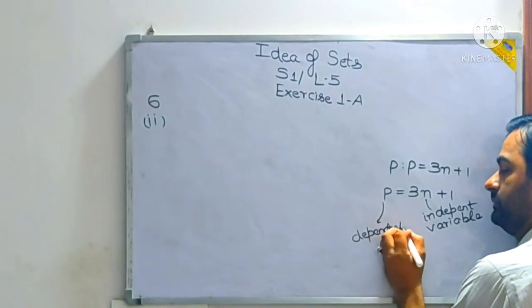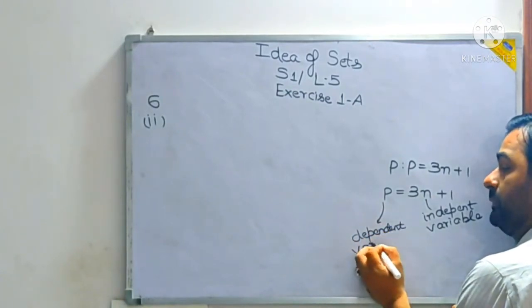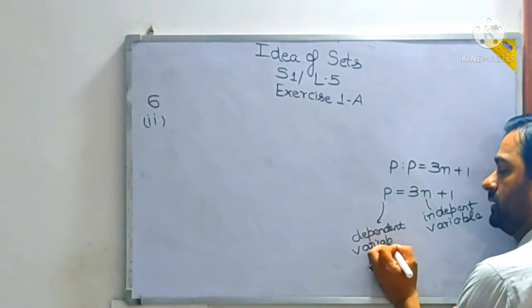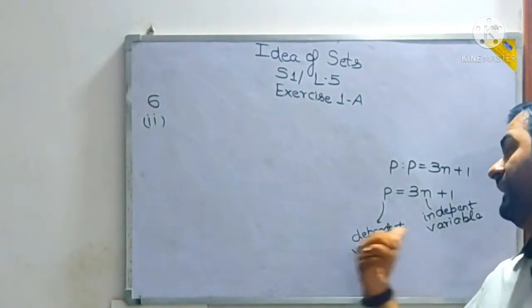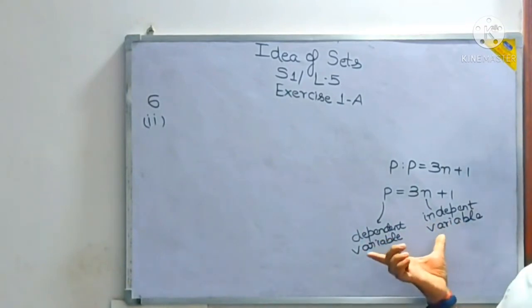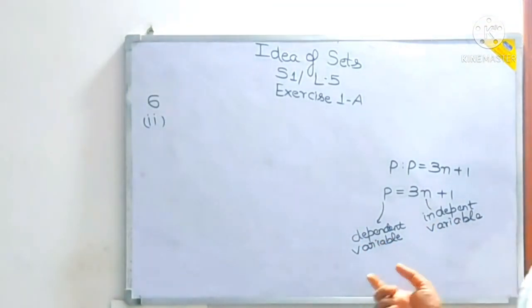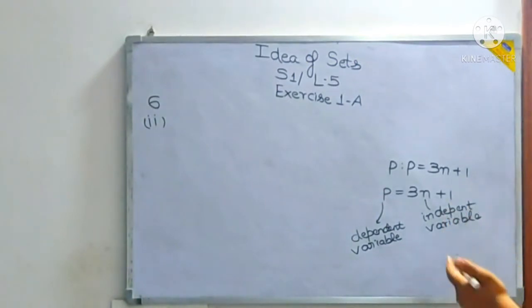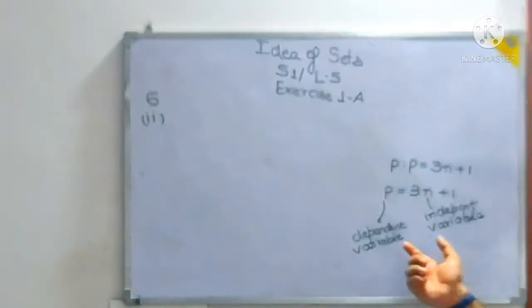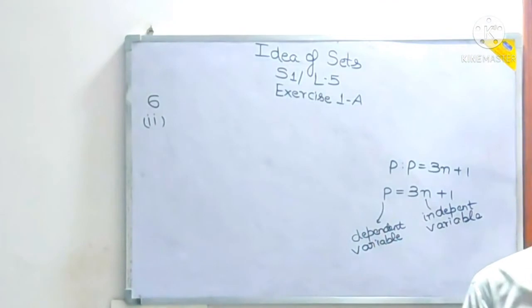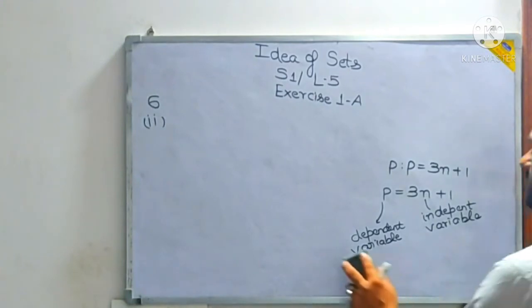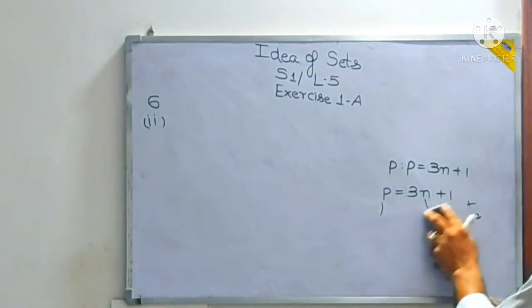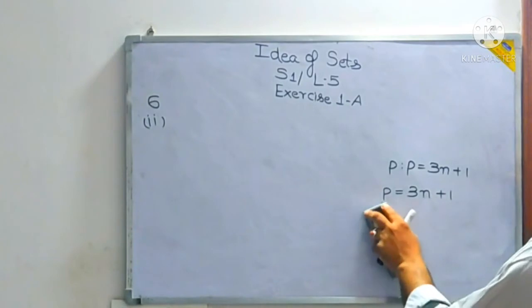Dependent variable means depending on the value of n, the value of P will be fixed. This thing is not a part of sets, I am telling you. Though it looks independent, the value of n also will be controlled here. And is the question giving us a limit? Yes, it is giving us a limit. I am just switching back to the topic.